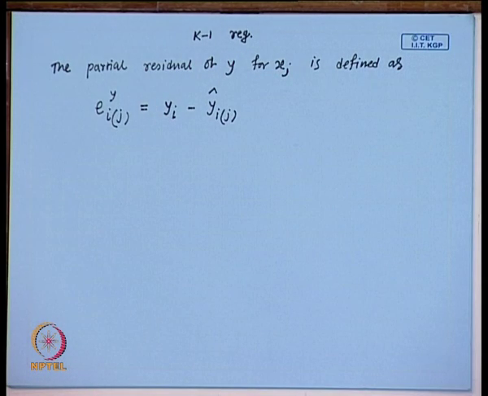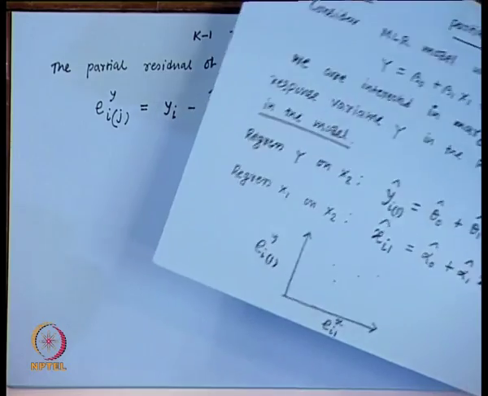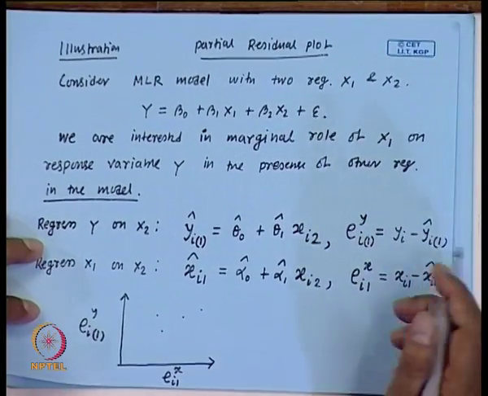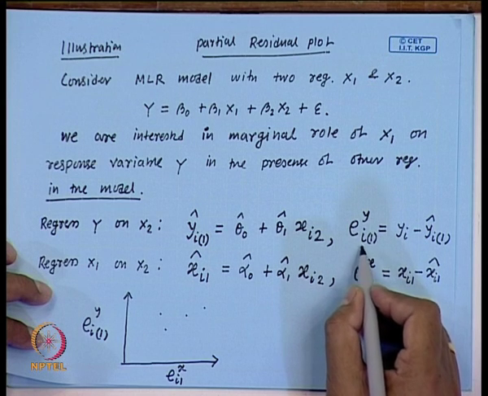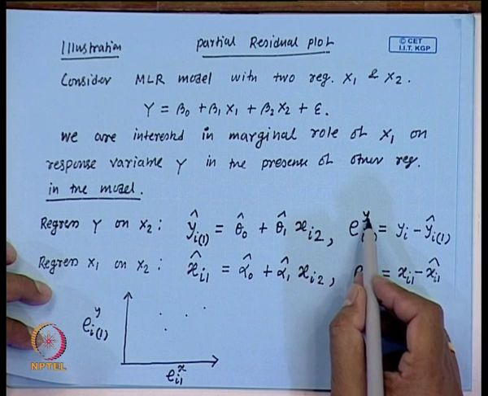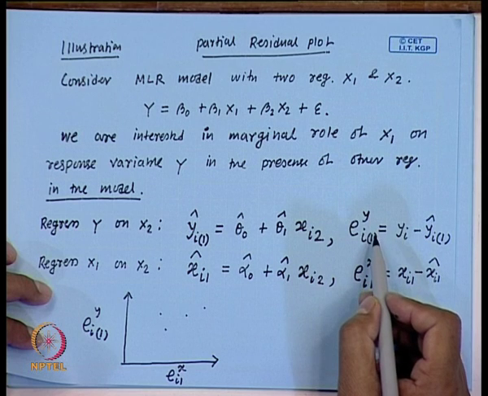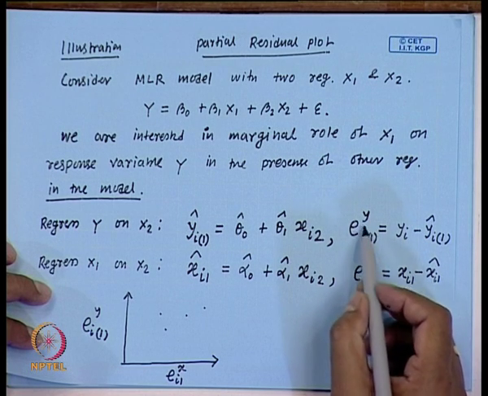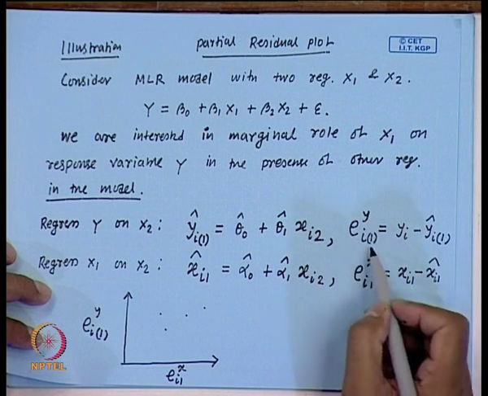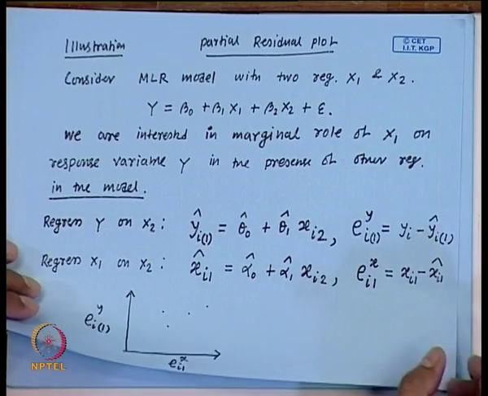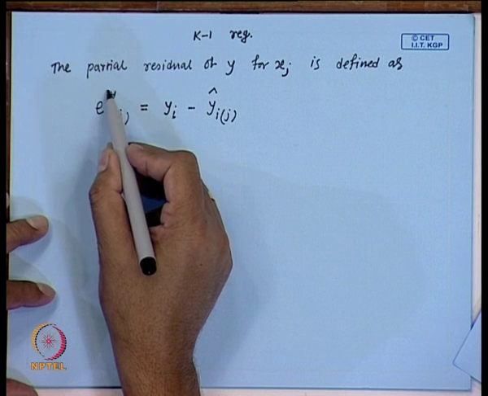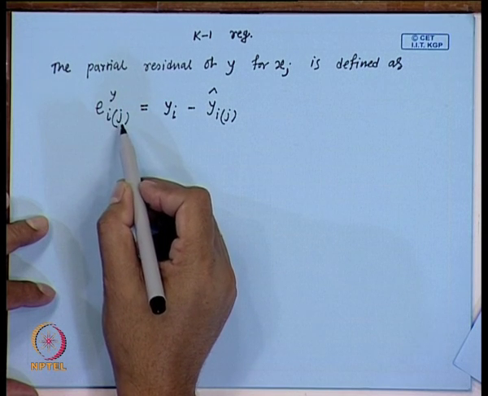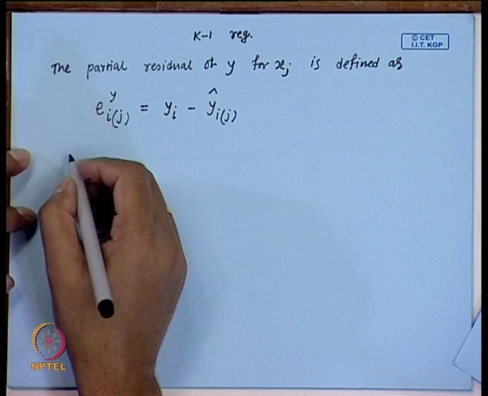In my previous example, this is nothing but the partial residual of y for x1. And this is the partial residual of y for xj.